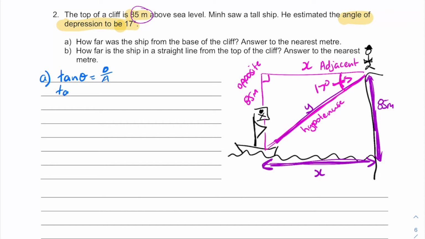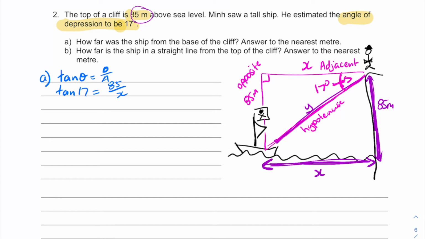So tan of 17 is going to be 85 over X. Now, we could put in 6 lines of working to get to the rearrangement that we need, or we could recognize with these particular problems that we can switch the tan 17 and the X around to get where we need to be.